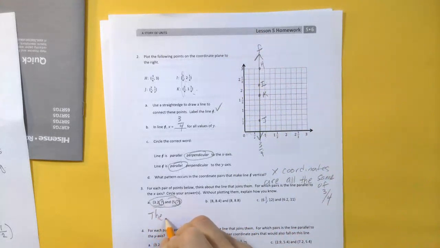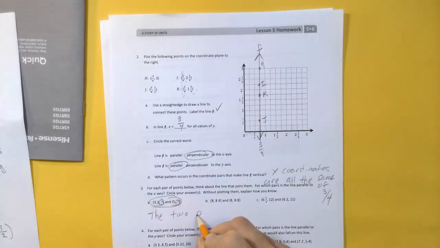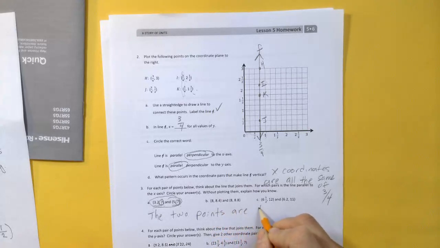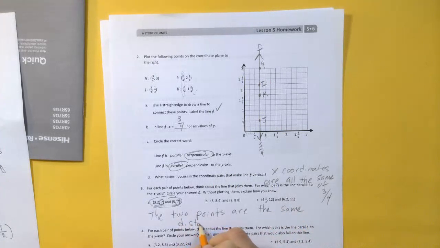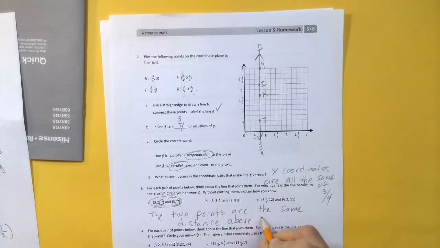So the 2 points are the same distance above the x-axis, right?